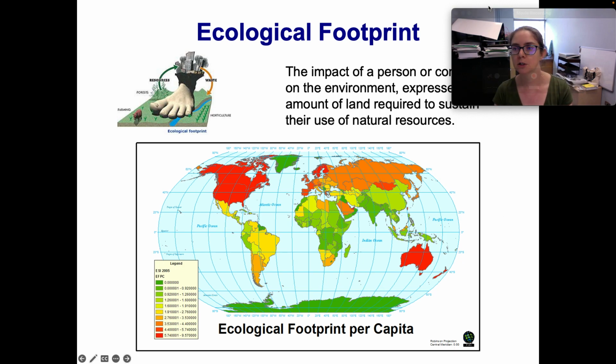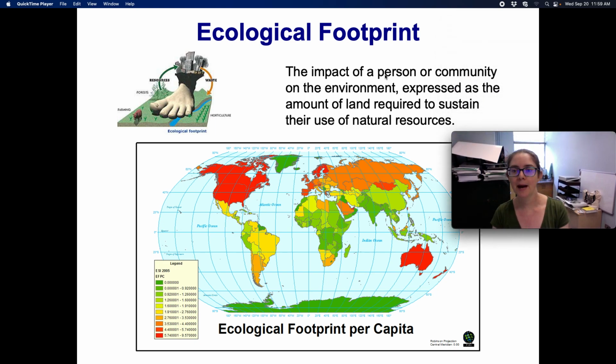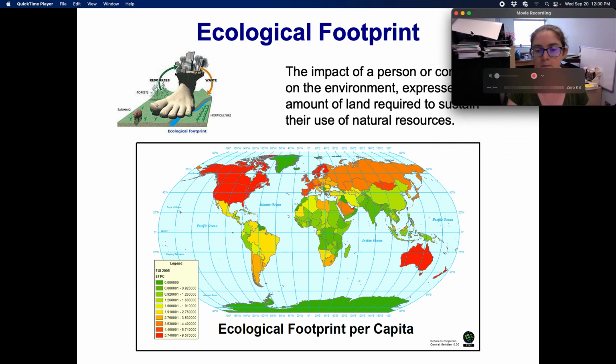So what is an ecological footprint? It is the impact of a person or community on the environment, expressed as the amount of land required to sustain their use of natural resources, and also the absorption of the waste produced by those people or that community.